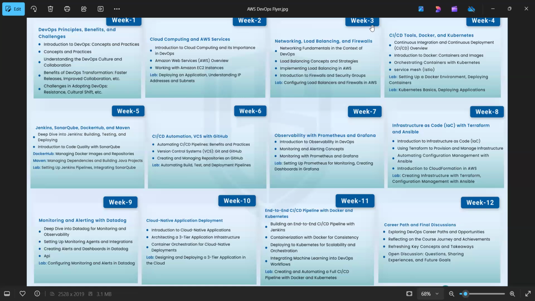Then coming to week 3, we covered the fundamentals, like network fundamentals in the context of DevOps. So we included the VPC from scratch, then the components of VPC, internet gateway, NAT gateway, subnets, route table, and all the things we covered in week 3.